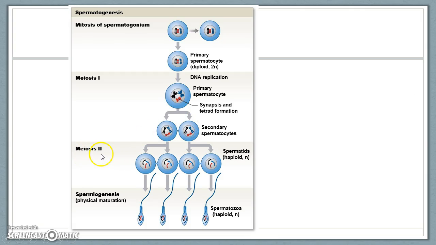These go through meiosis II, and the end result is 4 spermatids. After spermiogenesis at the bottom, there are 4 mature spermatozoa. You notice that spermatids do not look like what we can think of as sperm. That's why they have to go through the spermiogenesis process.